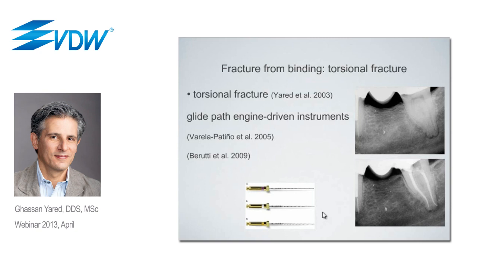So the question is again, why do we have to use so many files to create a glide path in a canal like this one, when we know that the majority of cases can be done without a glide path, using single file reciprocation?